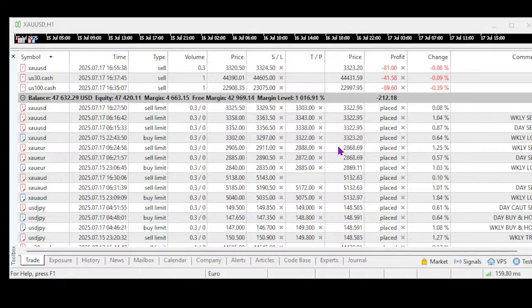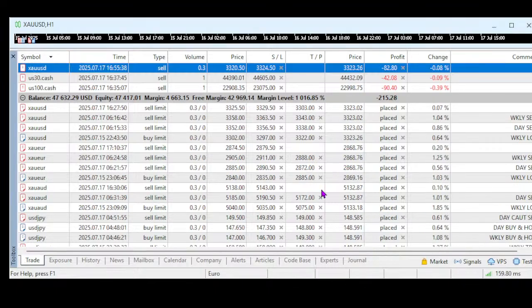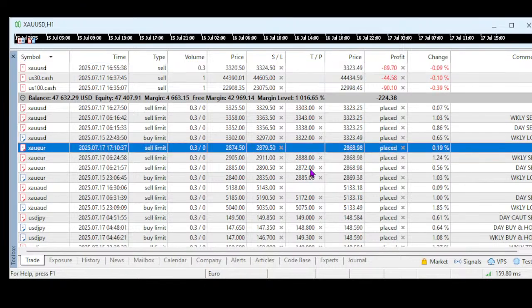We'll put it at 2874 half and 2879 half. I didn't give the TP because let's see the order getting filled. After that, we may want to reverse the thing.